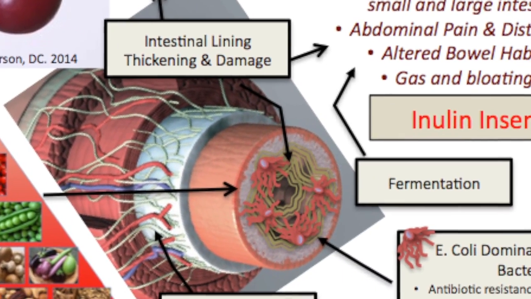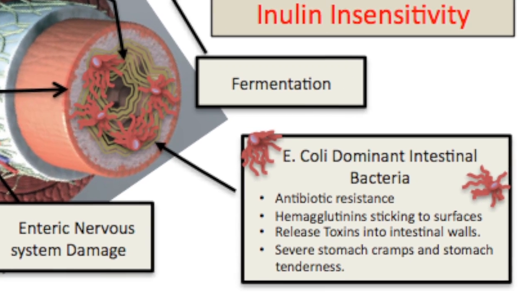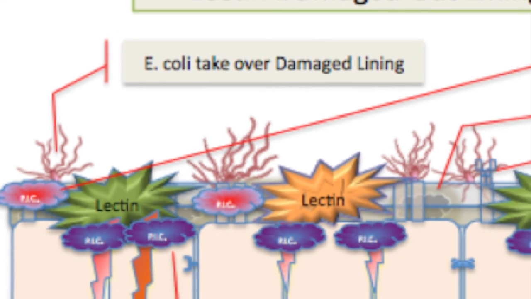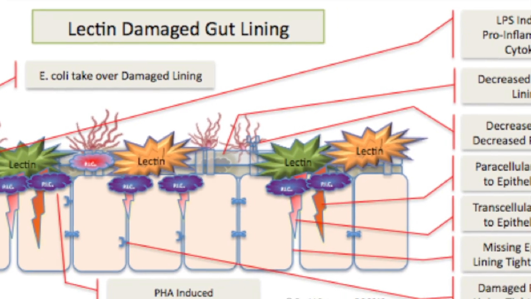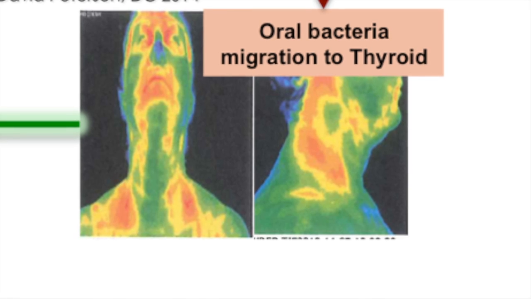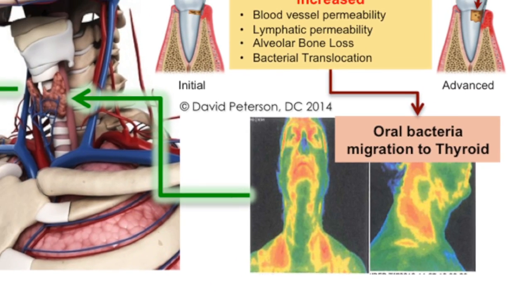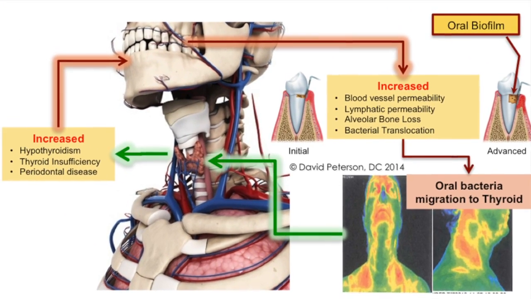Lectins also promote overgrowth of E. coli in the upper gastrointestinal tract. E. coli and other bacteria translocate across the intestinal barrier, entering the bloodstream, and promote agglutination. Oral bacteria, such as Fusobacterium, entering the bloodstream through bleeding gums, agglutinate red blood cells as well.